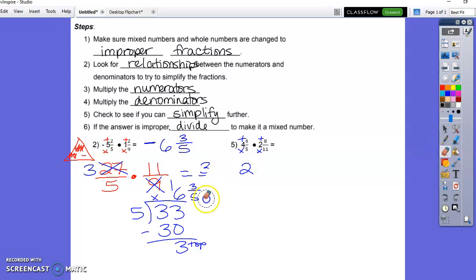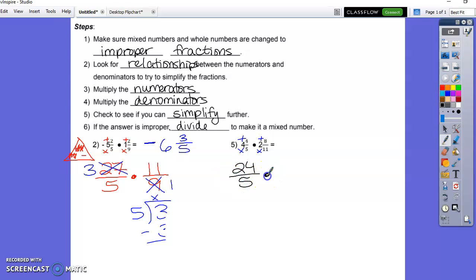I'm going to move this out of the way. Y'all don't have to do that because I know you have limited space. 24 over 5 times 11 times 2 is 22 plus 8 is 30 over 11.